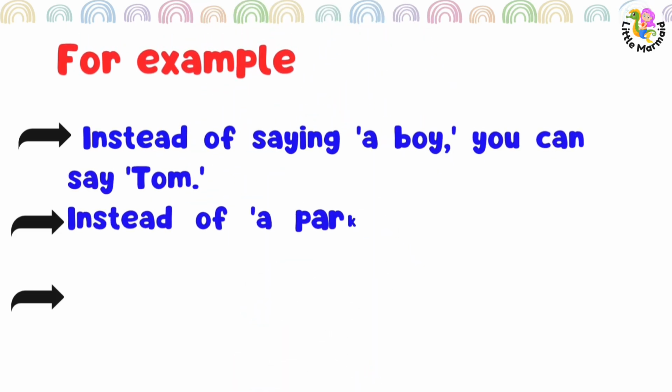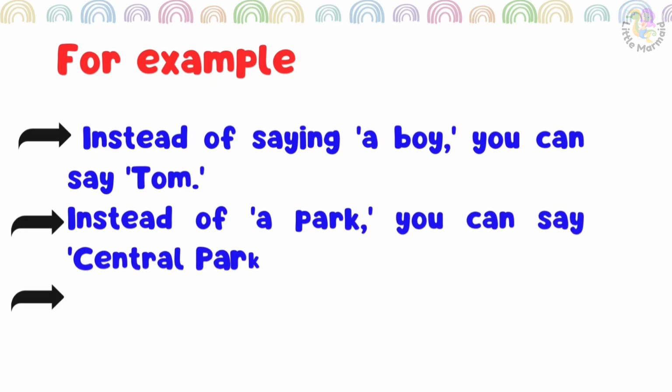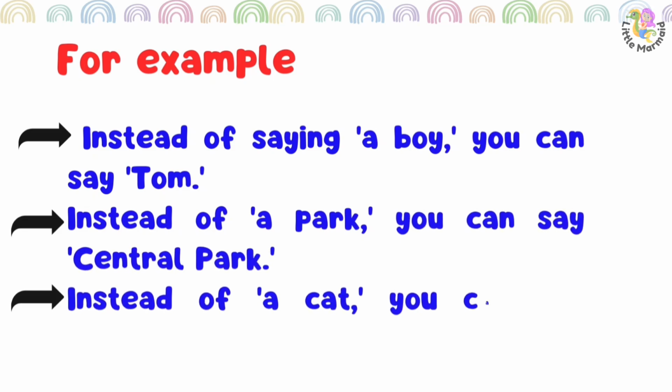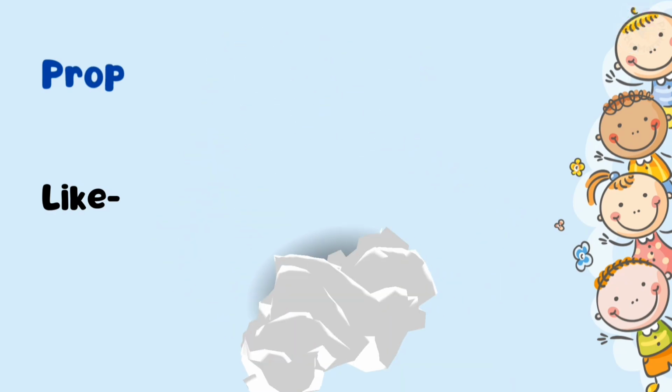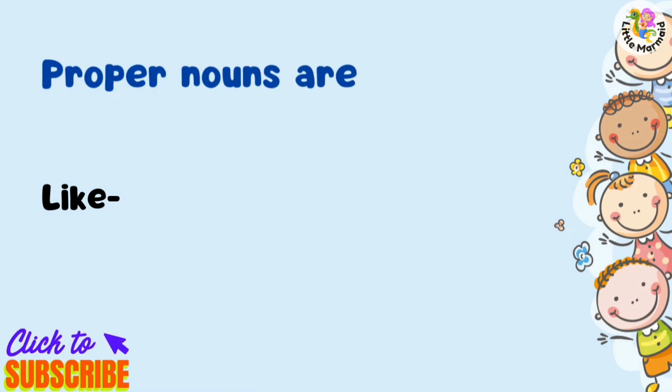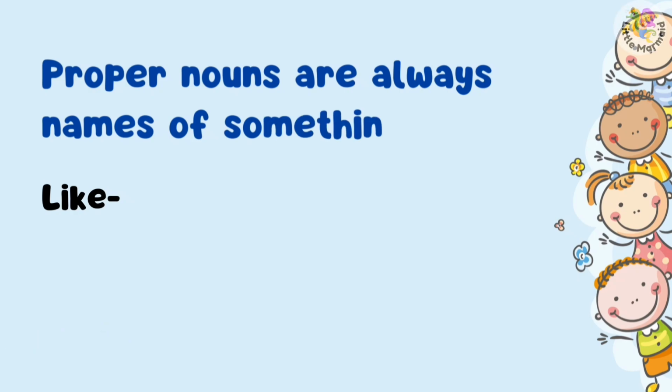Tom is a name. Instead of a park, you can also say Central Park, which is a specific name. Instead of a cat, you can say Whiskers, which is the cat's name. See the difference? Proper nouns are always names of something very special.